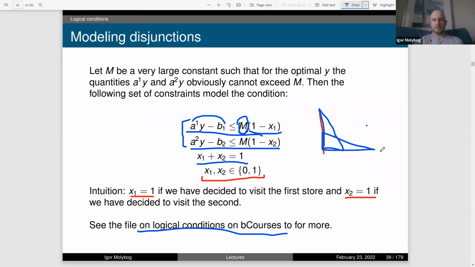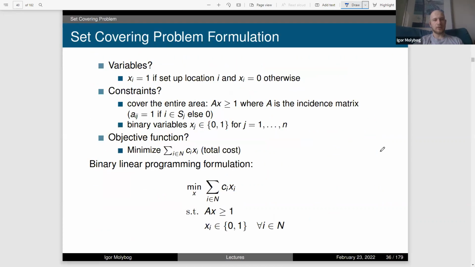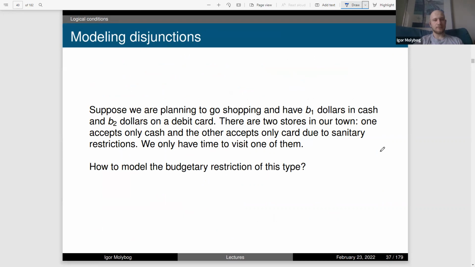Any questions here? How do you feel about this problem? Is it too simple, or too difficult?